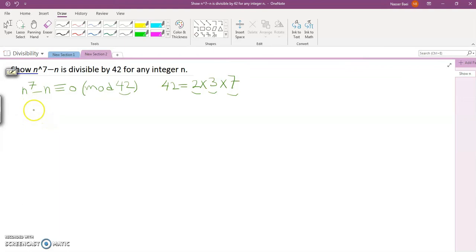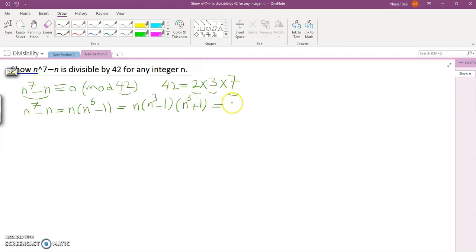First of all, we can factorize this equation as n to the power of 7 minus n, it is equal to n times n to the power of 6 minus 1. And here we will have n to the power of 3 minus 1 times n to the power of 3 plus 1.